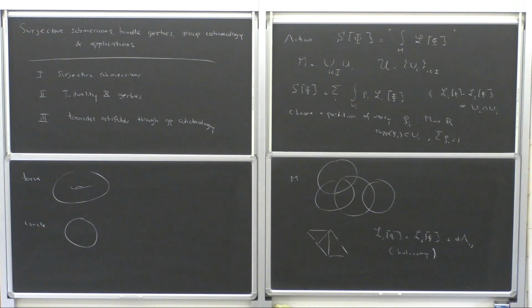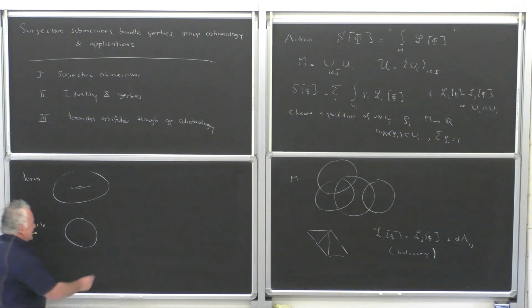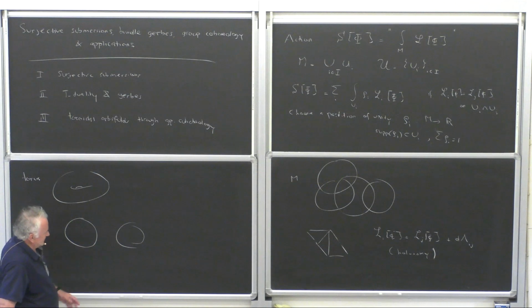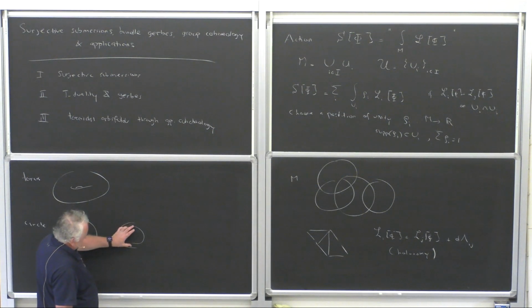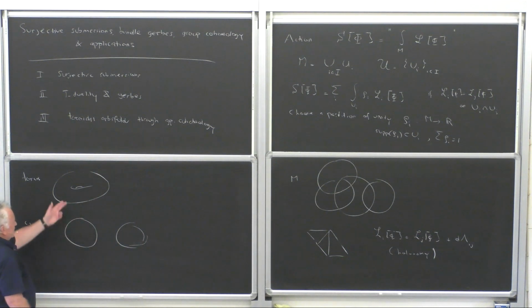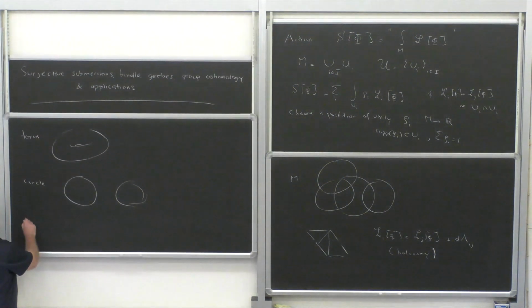That's ridiculous. In this case, you need at least 2 open sets. But if you want to avoid that intersection having 2 components, you need 3 open sets already for the circle. For the torus, you need many more. And if you're just going to calculate those integrals by doing that procedure over open sets, it becomes a mess. Of course, what we do in the case of the torus or circle is periodic boundary conditions.